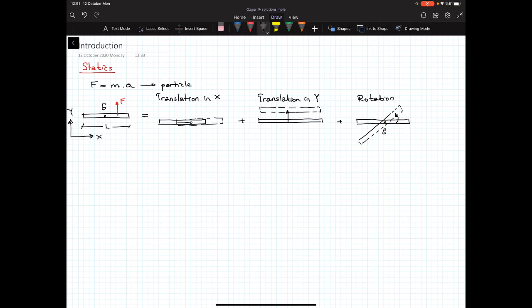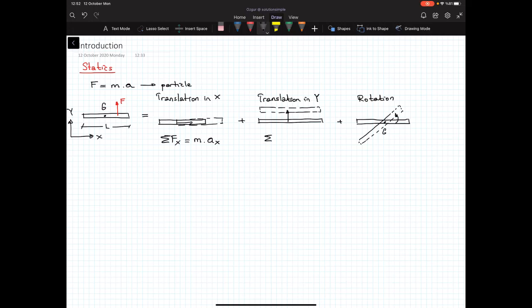Now, how can I write the dynamic equilibrium equations for each case? For the first case, we say that the sum of all the applied forces in the x direction is equal to the mass of the body times the acceleration in the x direction.